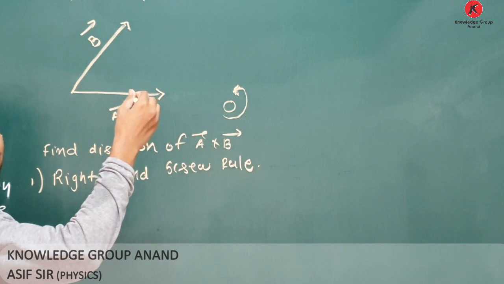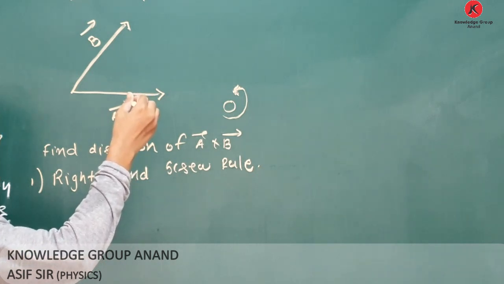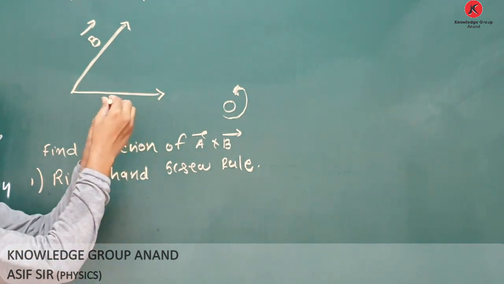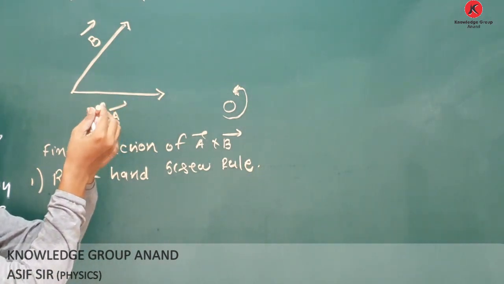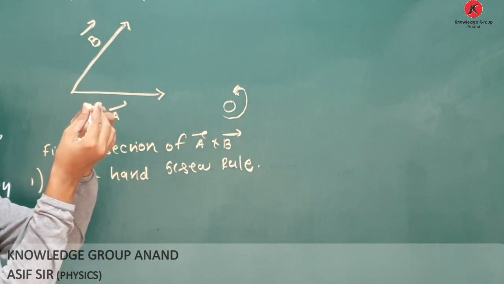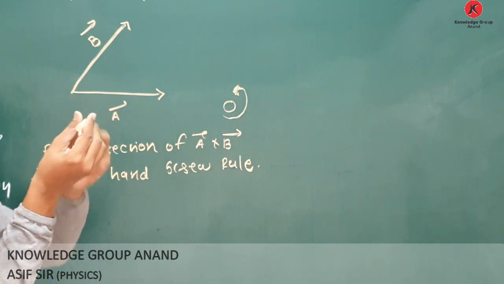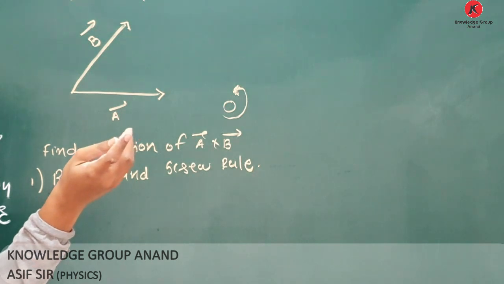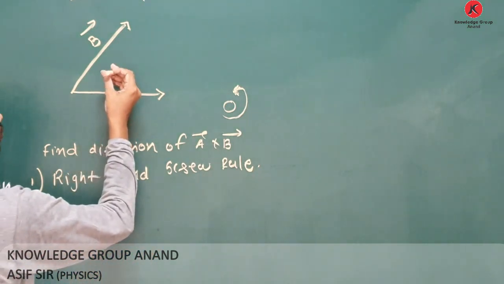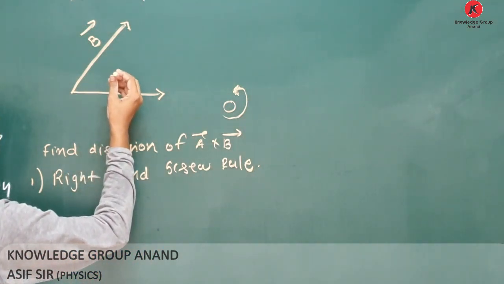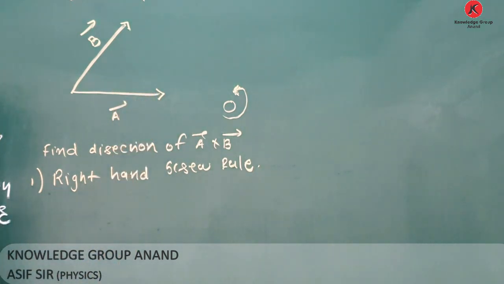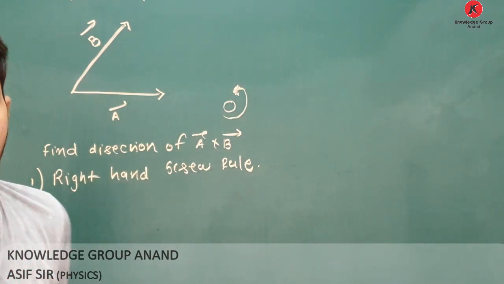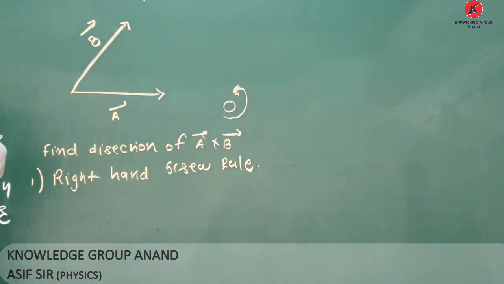If I rotate the screw in this anti-clockwise direction, it will move towards you, outward. So the direction of the cross product is perpendicular to the board, coming outside.